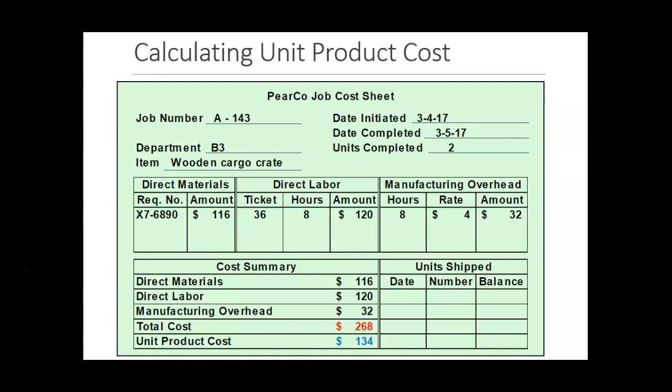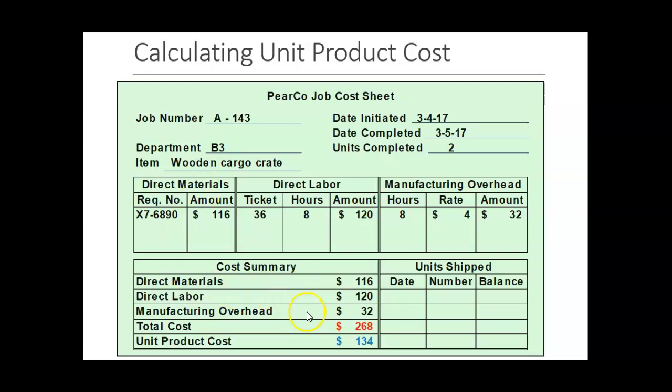Part 2 of our chapter 2 lecture on how to assign product costs using a job order cost system. We left off on job A-143 where we see the job cost sheet. This shows the total cost for materials, labor, and the amount of overhead costs assigned to this job based upon the predetermined overhead rate.